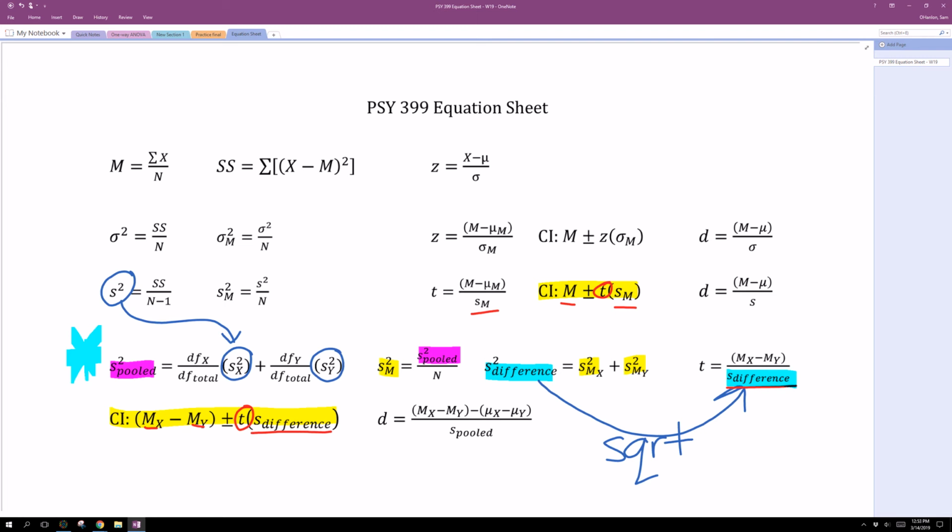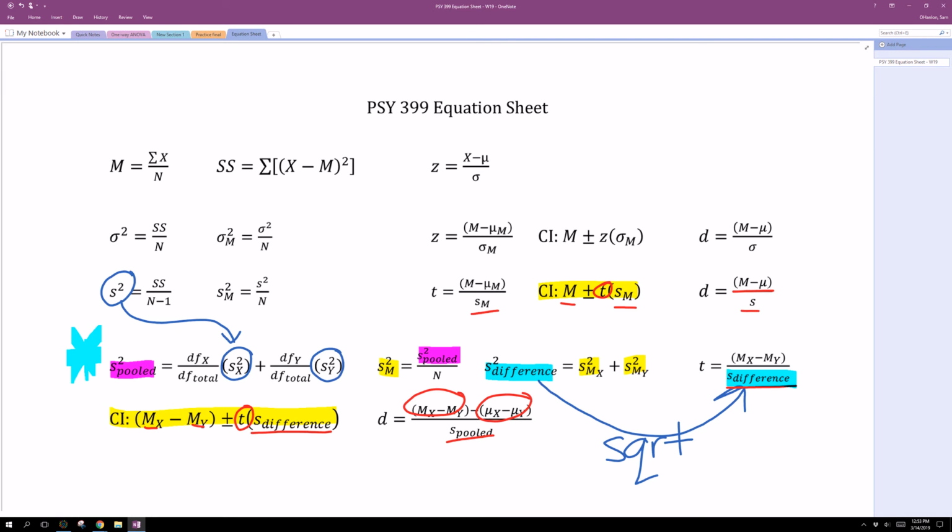Okay. Now for effect size, D, again, we are taking differences, right? We're taking differences and dividing by S pooled. So if you look at our previous equation for D, we had m minus mu divided by just the regular standard deviation, right?